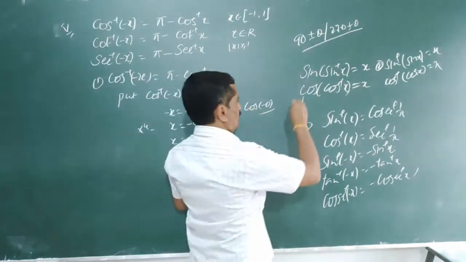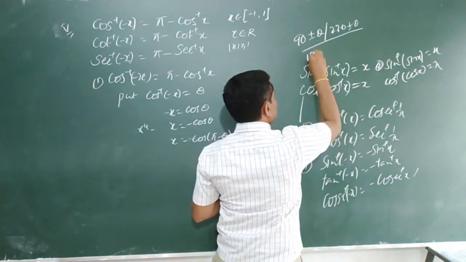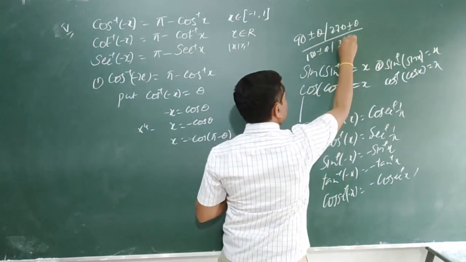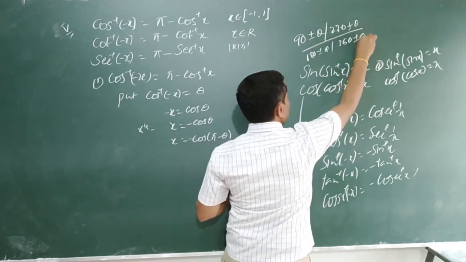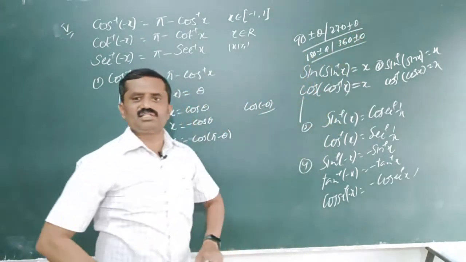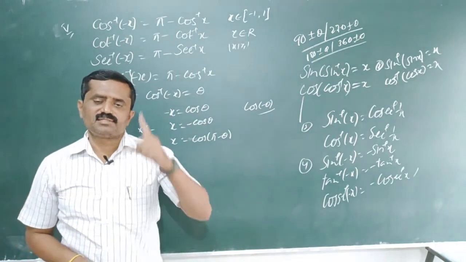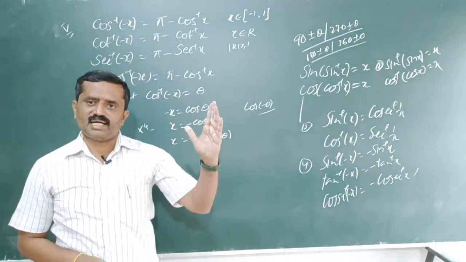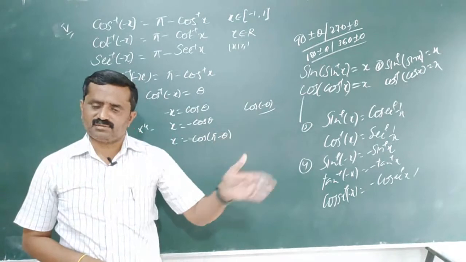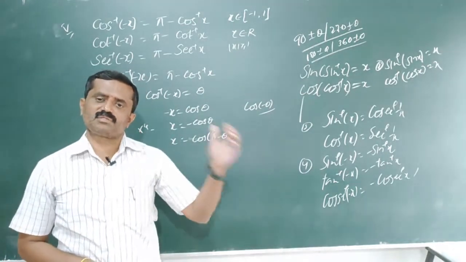Whereas when it is 180 plus or minus theta or 360 plus or minus theta, the ratio doesn't change, that is the ratio remains the same: sin becomes sin, tan becomes tan, cos becomes cos itself only.